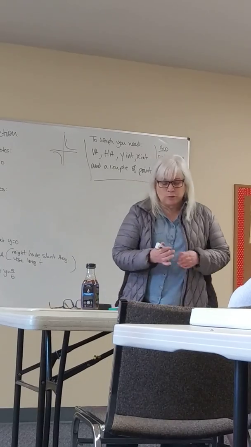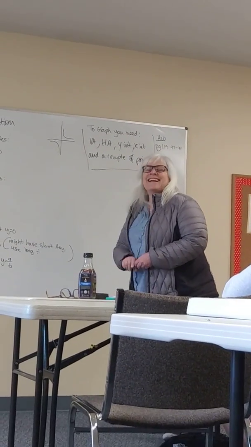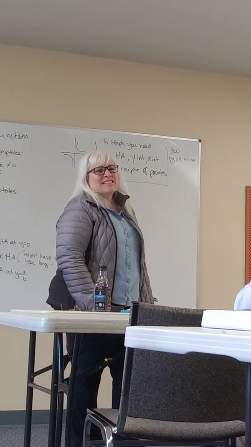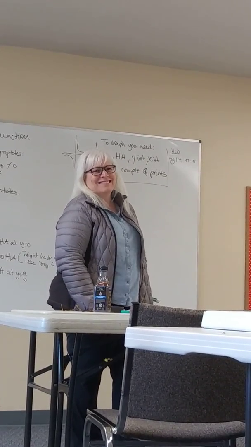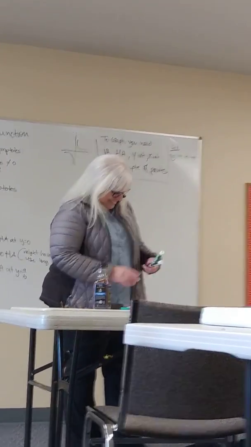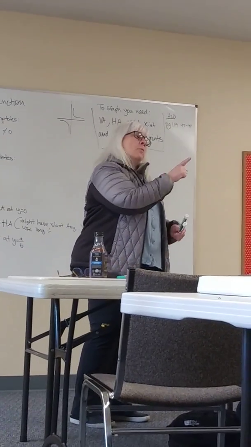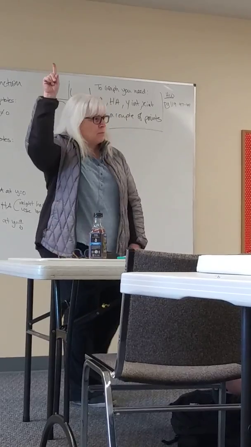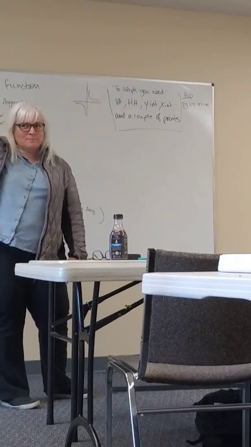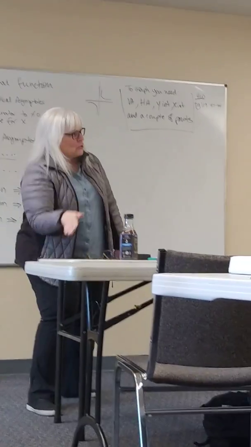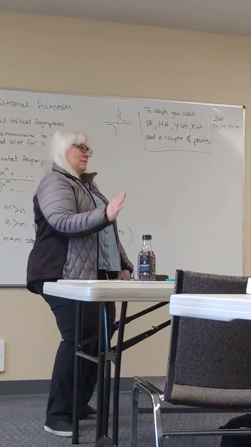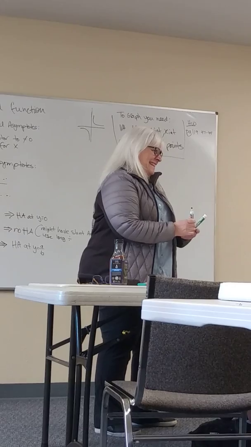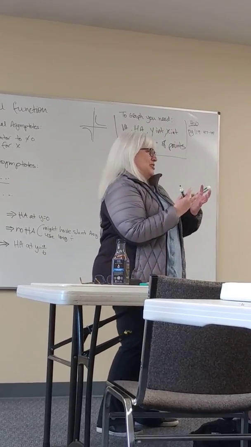A horizontal asymptote. What's the noise for an asymptote? What's the sound of you crashing into a wall? That's the noise. Boing. No, boink is tangent. Boink is when you touch something and it's exactly one point. But asymptote is crash.